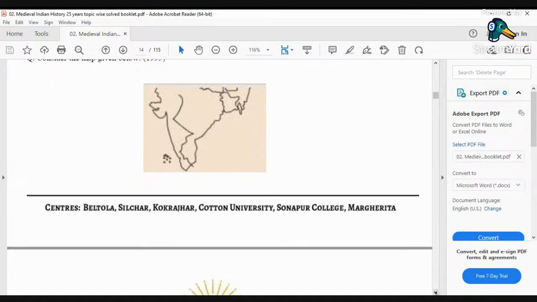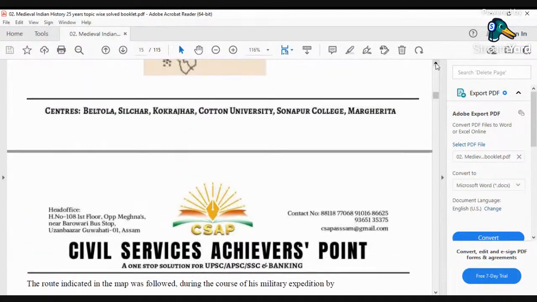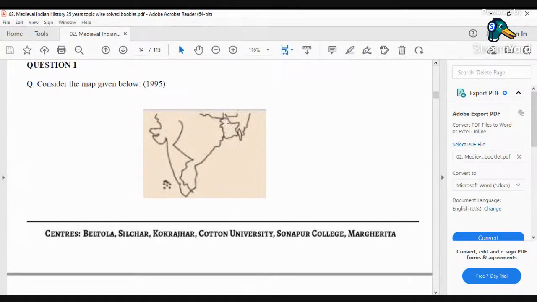So he cannot be the right option. Harshavardhana did not come to southern India because although he wanted to come to South India, his southwards march, his intentions of moving towards the south or Deccan were checked.